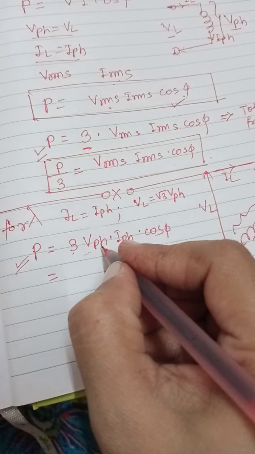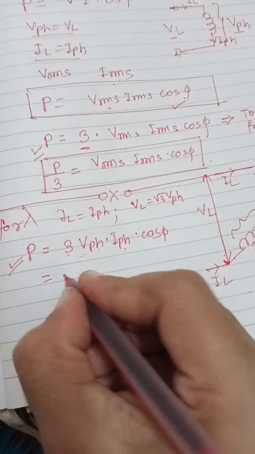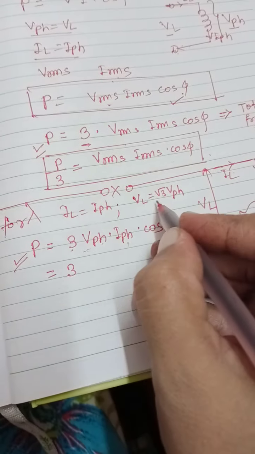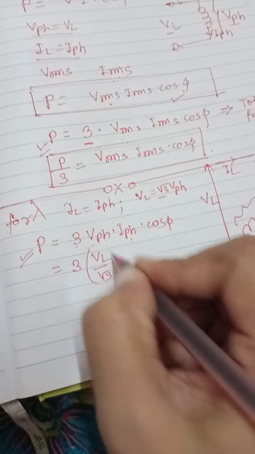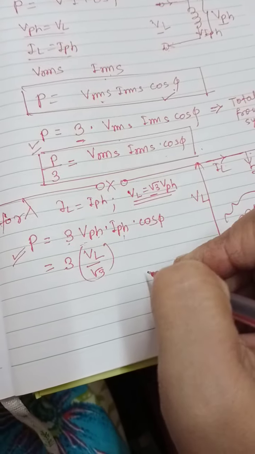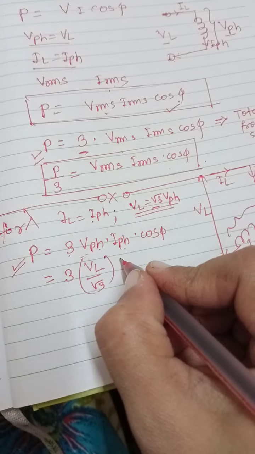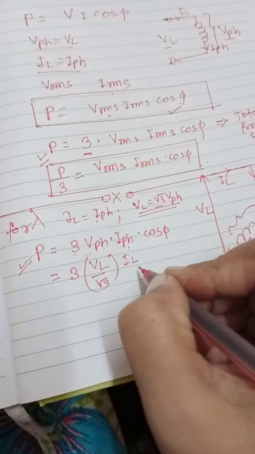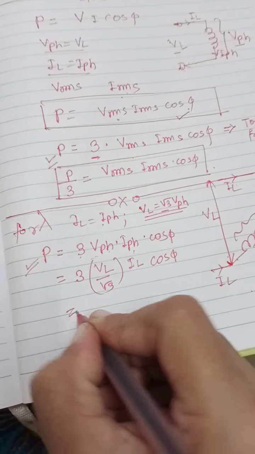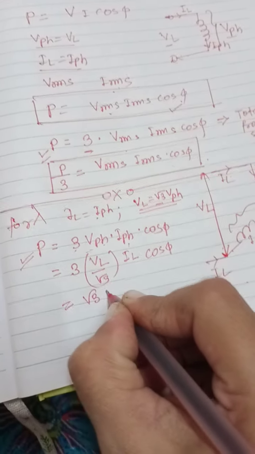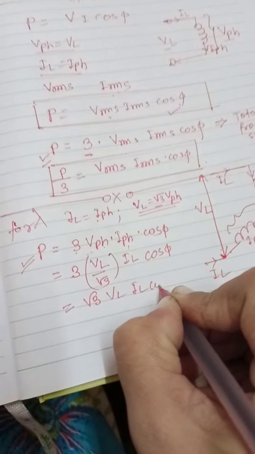When you convert the phase quantity into line quantity, the 3 remains as it is, VPH now becomes VL upon root 3, IL is nothing but IPH so it remains as it is, into cos phi as it is, and hence it is equal to root 3 VL IL cos phi.